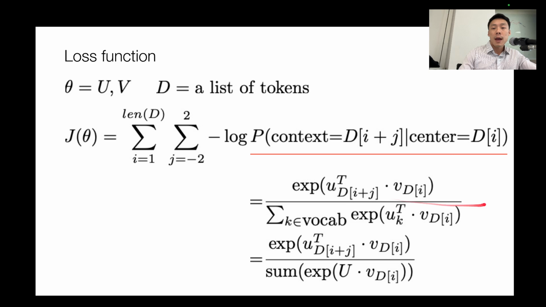And to compute the probability, we use the same old softmax function, but we softmax it over the entire vocabulary. Okay, that's what we did last time.